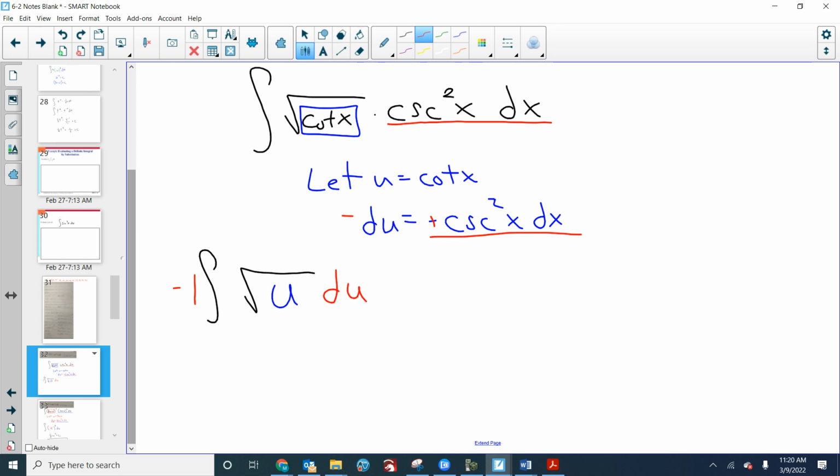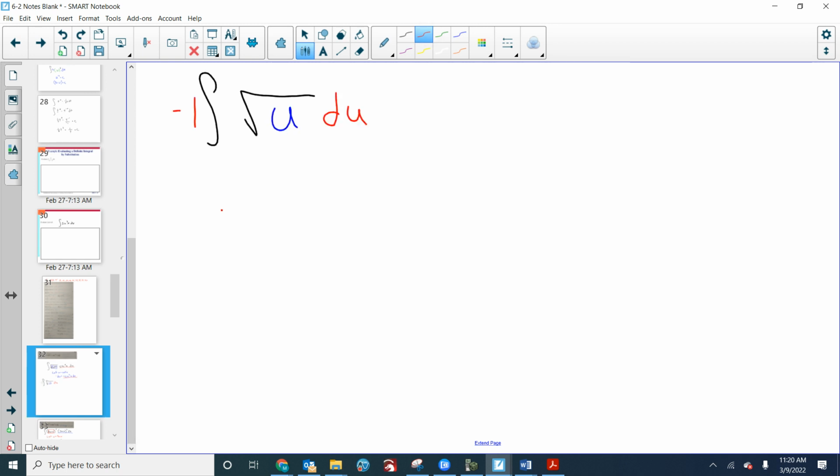So we know it's the power of 1/2, and we add 1 to 1/2, we get 3/2. Divide by 3/2, we get 2/3. So that's one that's going to just pop up quite a bit. And since it's a negative, it's -2/3 u to the 3/2 plus c. So -2/3. Didn't we let u equal cotangent x? Cotangent x to the 3/2 plus c. Isn't it so easy when I do it? Isn't it?